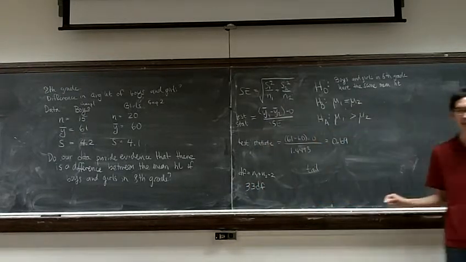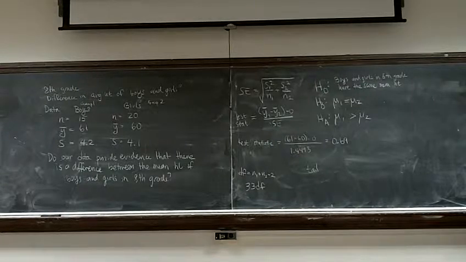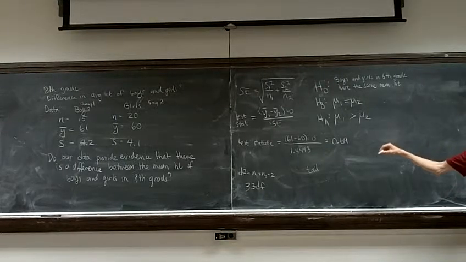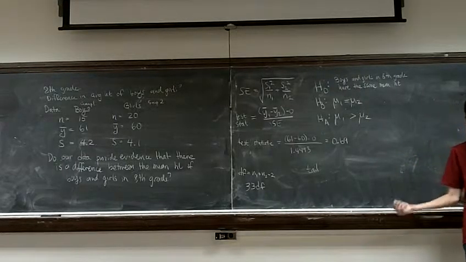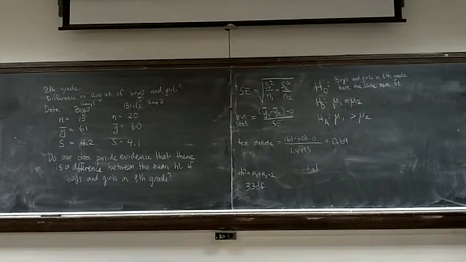Anytime you can't find your exact degrees of freedom, you always round down, right? So we're going to use 30 degrees of freedom. Even if we had 39 degrees of freedom, just to play safe, we're going to round down to 30. And at 30 degrees of freedom, this says the amount in my tail would be greater than 20%.